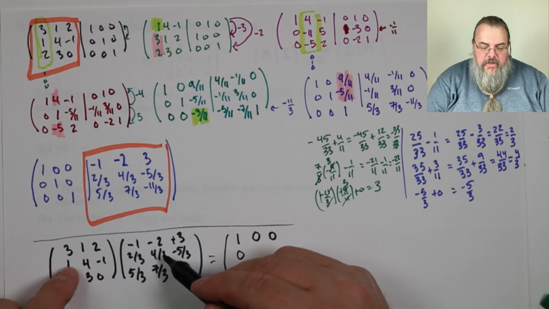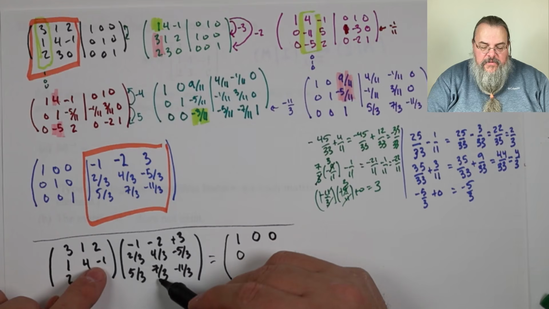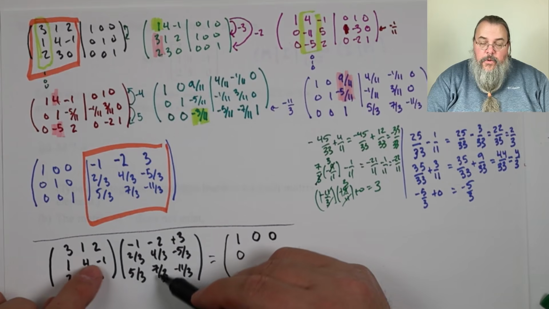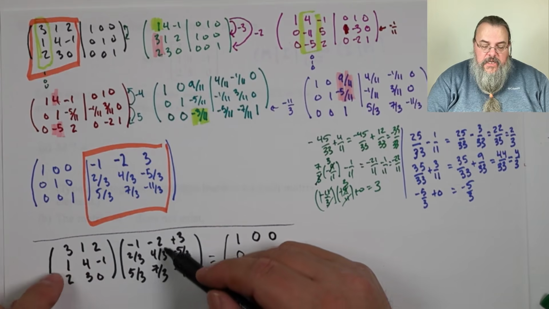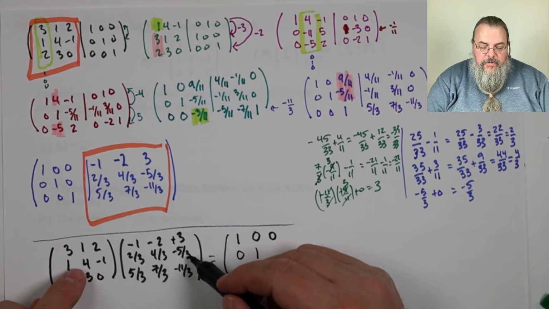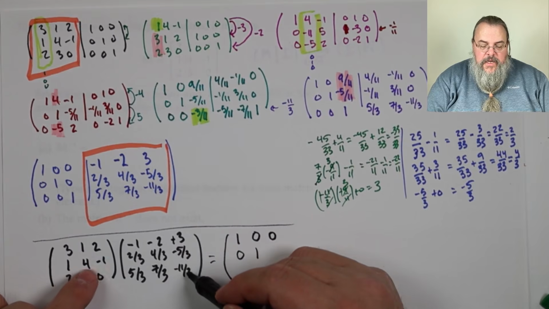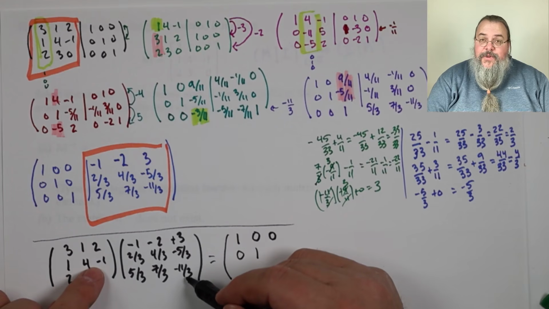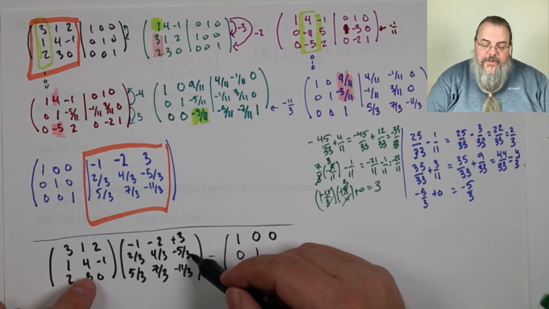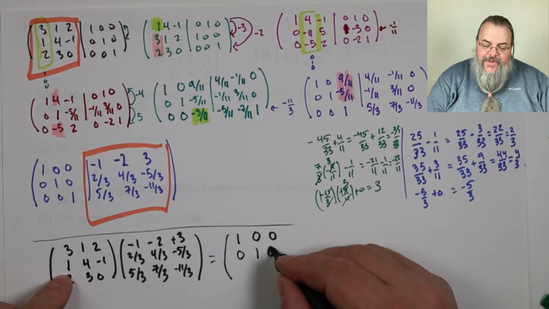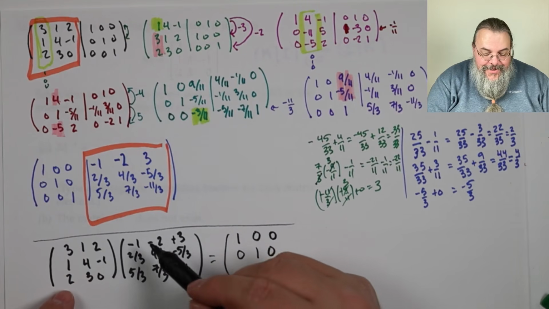Minus 2, 16 thirds minus 7 thirds. So 16 thirds minus 7 thirds would be 9 thirds, which is 3. 3 minus 2, 1. 3 minus 20 thirds, and then plus 11 thirds. Minus 20 thirds plus 11 thirds is negative 9 thirds, which is negative 3. Add 3, 0. This is good.